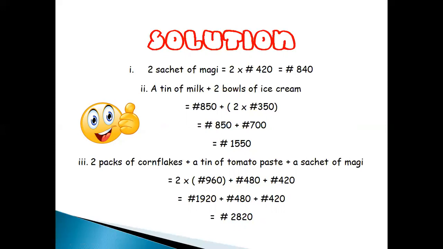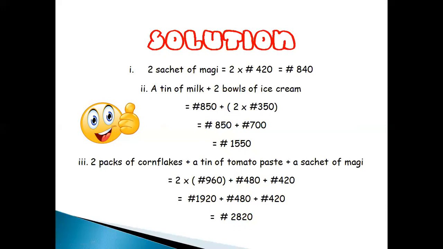Do you see that? And then a tin of milk plus two bowls of ice cream. First of all, what is the price for a tin of milk? 850 naira. And what is the price for a bowl of ice cream? 350 naira. But this time around, I bought two. So I'm going to say 2 times 350 naira.